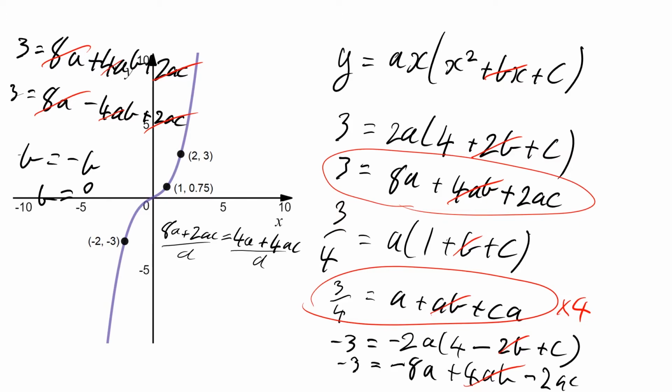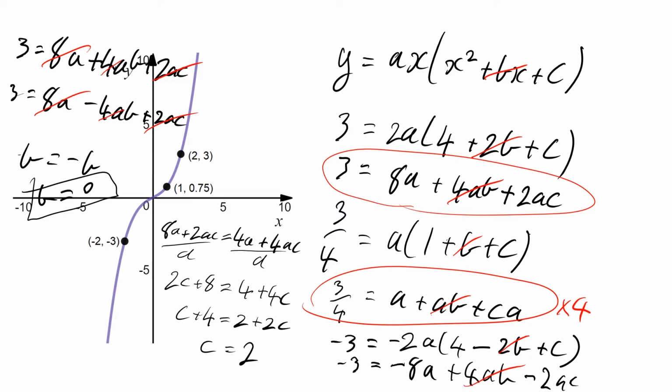Now I have 2c plus 8 equals 4c. I can subtract 2c on both sides, so now I have c equals 2.